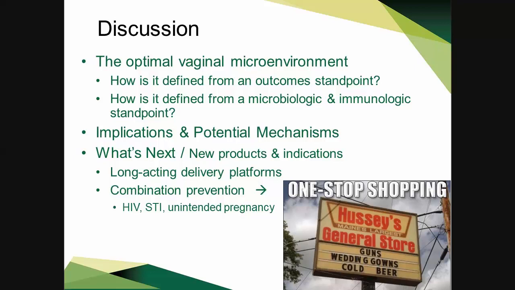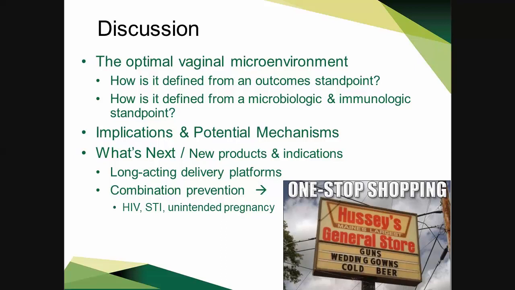The other way to think about it is, okay, you've defined these outcomes, but what are the microbiologic and immunologic parameters that predict those outcomes, okay? So how do we know if we look at a vagina in a point of time that it is in an optimal state to support those kinds of outcomes? So we'll talk a little bit about those too. We'll talk about implications, particularly with regard to HIV.